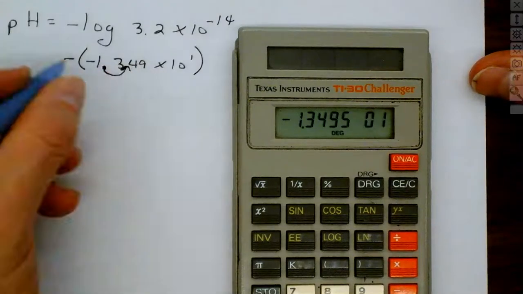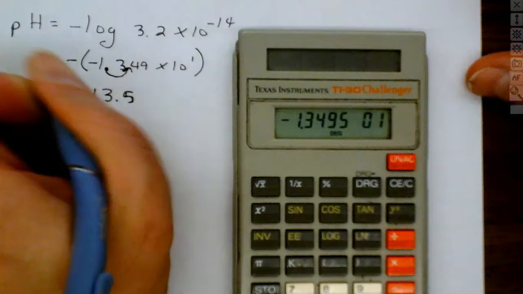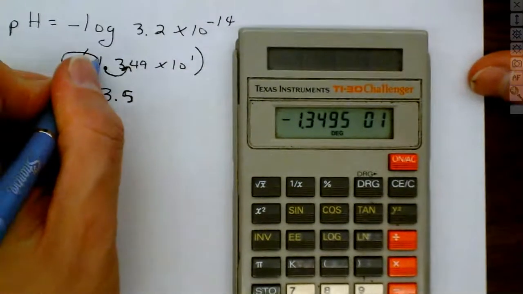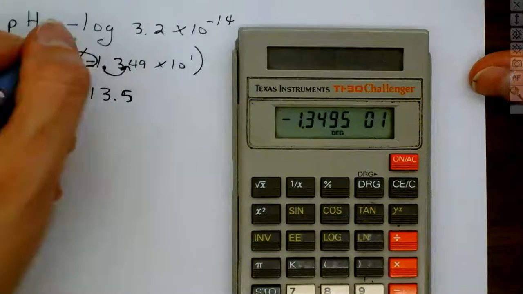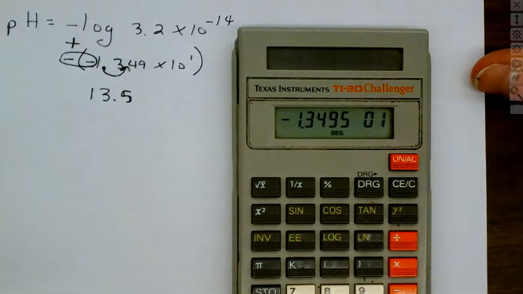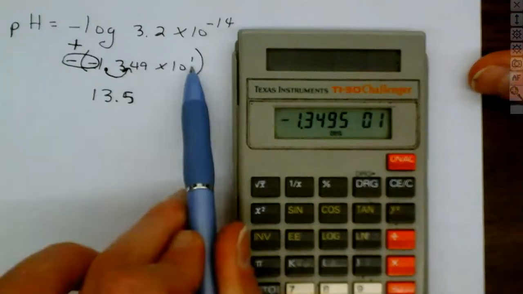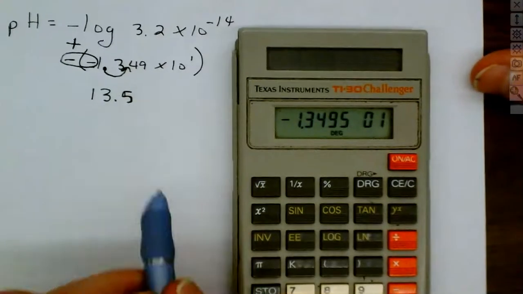Moved back 1, so it looks like this would be 13 point what? 5, and what do we know about the double negative here? Makes it positive. So that would come out to be 13.5. It just put it in scientific notation. So this represents the number of powers of 10. So I just move it over 1.